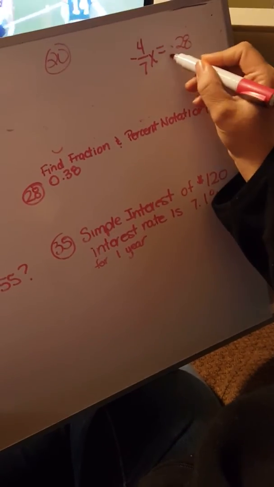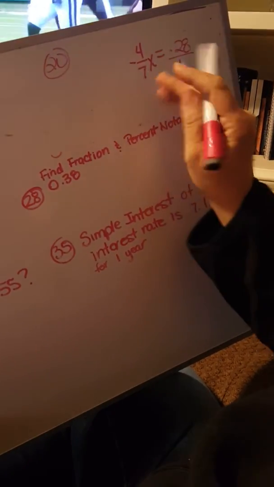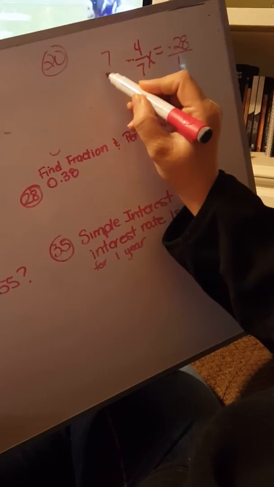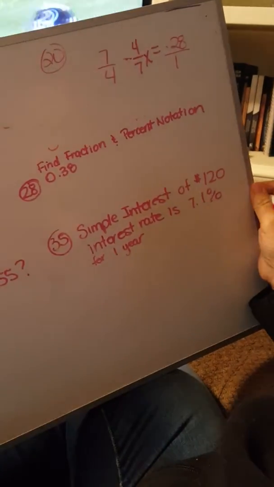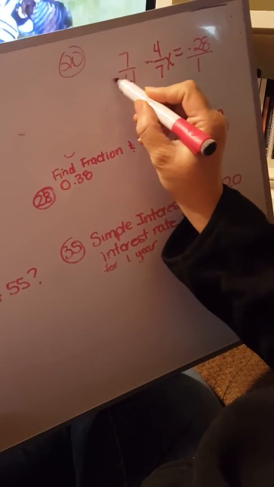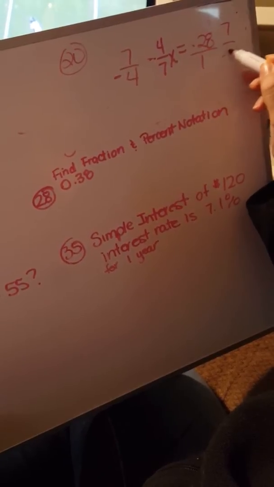Okay, so we make that into a fraction, and when you have a multiplication, we remember we have to flip our numbers, and so we have the 4 here, and we do the same thing to this side, if you remember.